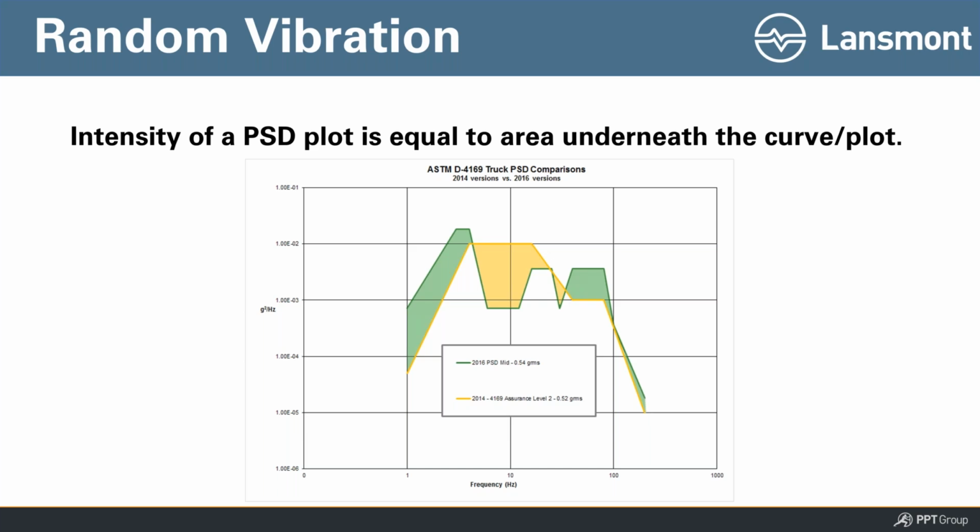And remember, if you think of the areas underneath those curves as being equal to the energy, you can see where there's differences, right? The green one has more energy in the low frequencies from, let's say, 1 to 4 hertz. It's got more energy, meaning more intensity or displacement occurring in that frequency range as compared to the old original ASTM truck profile.